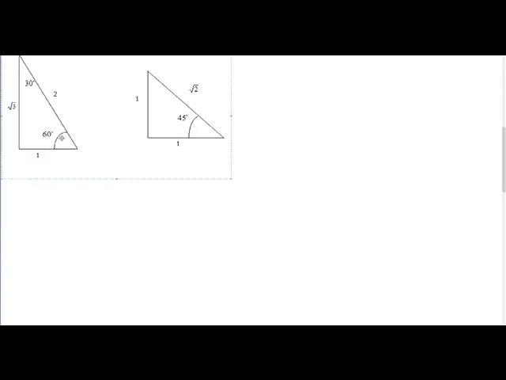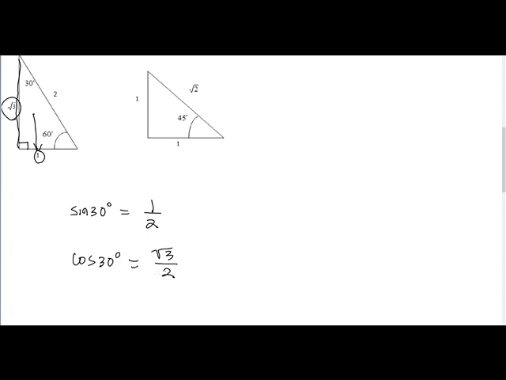Now in this 30, 60, 90 degree triangle, sine 30 is the opposite of 30 degrees over the hypotenuse, which is 1 over 2. Cosine 30 degrees is the adjacent side, square root of 3, over the hypotenuse, so square root of 3 over 2. And tangent 30 degrees is opposite of 30, which is 1 over square root of 3.